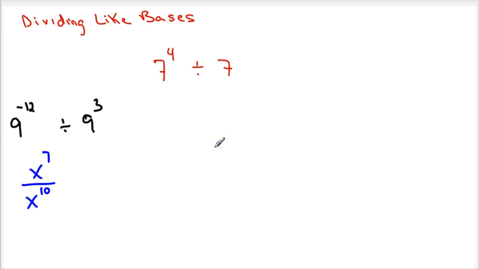Isn't it immediately 1? Excellent. It's an unwritten 1. If there's no exponent there, we're going to assume it's 1. Keep my base, 7, same base. And like you said, subtract the exponent, so 4 minus 1, and this becomes 7 to the 3rd power.